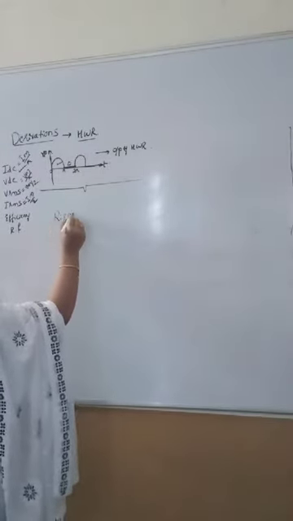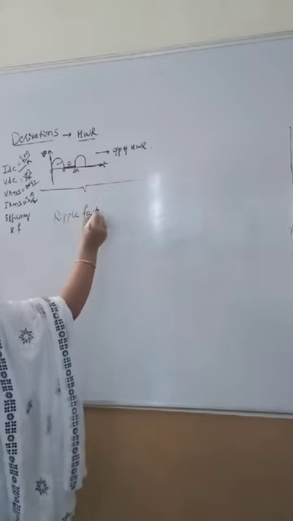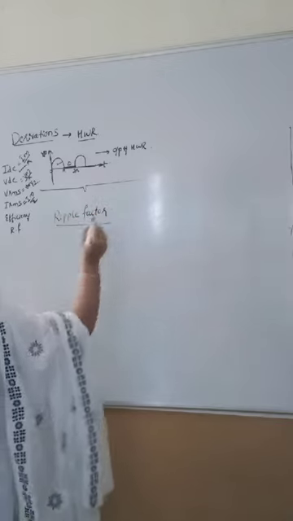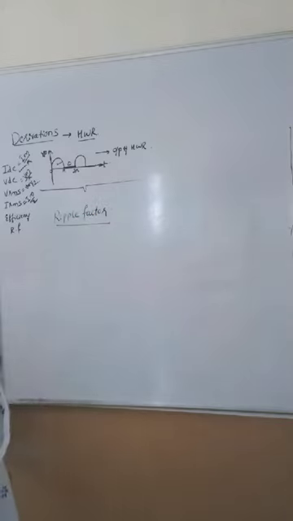What is ripple factor? We had discussed it in the previous class. Ripple factor is the amount of AC left in the DC output. From a rectifier, we always want a pure DC at the output side, but practically it is not possible. We are going to have a small amount of AC left in the DC.